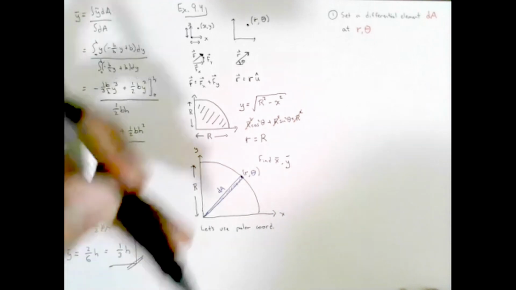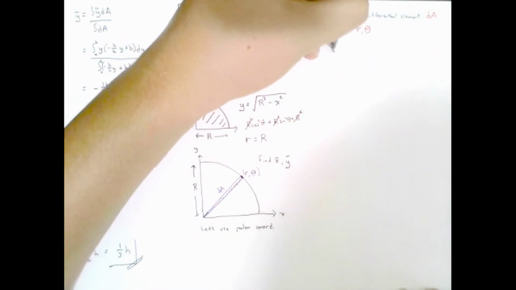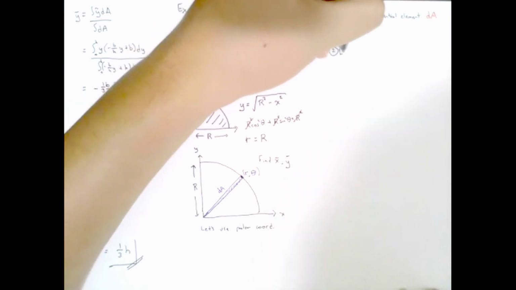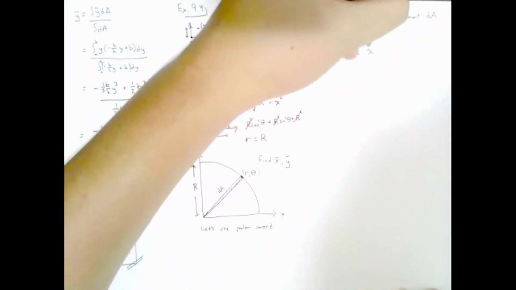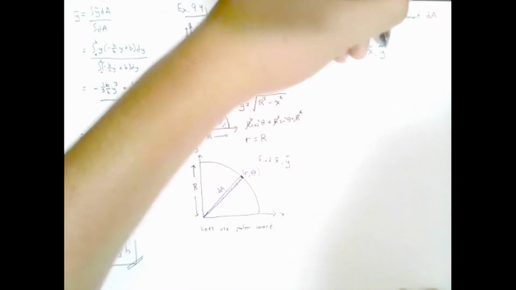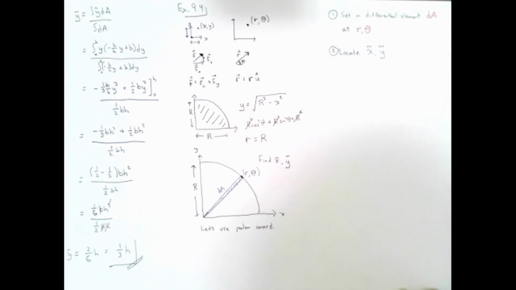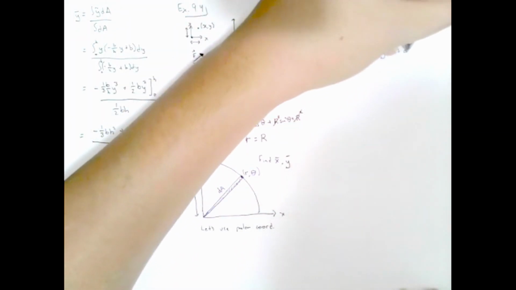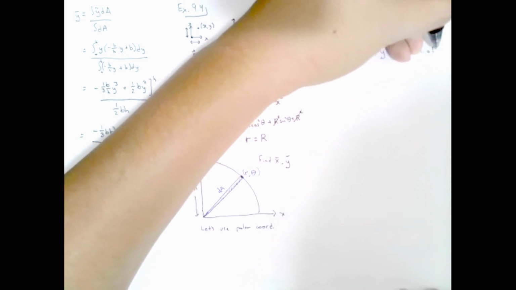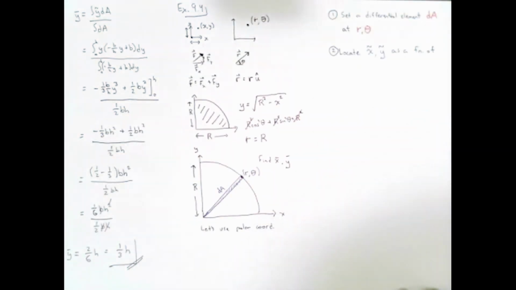Once I set my differential element, I can then locate the centroid of the element, which we know is called x squiggly, y squiggly. However, because we're using polar coordinates, we're gonna locate x squiggly and y squiggly as a function of r and theta.